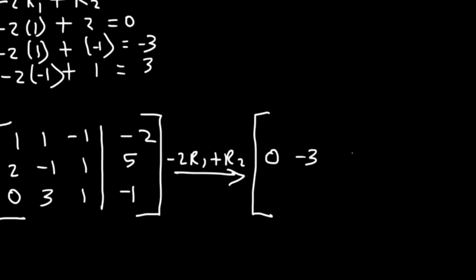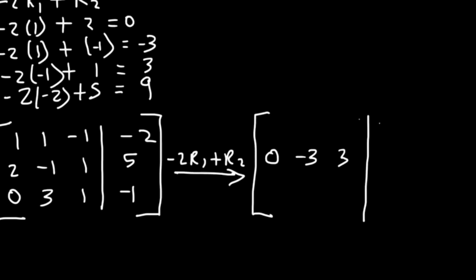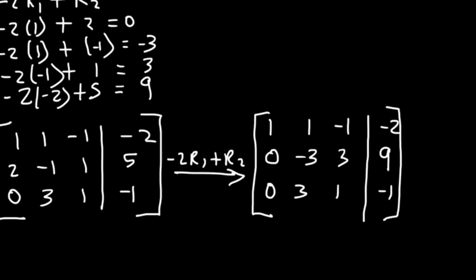That will give you 3. Now, for the fourth column, R1 is -2, and R2 is 5. -2 times -2 is 4, plus 5, that's 9. Everything else will be the same, so let's rewrite the other numbers. And then let's get rid of this.